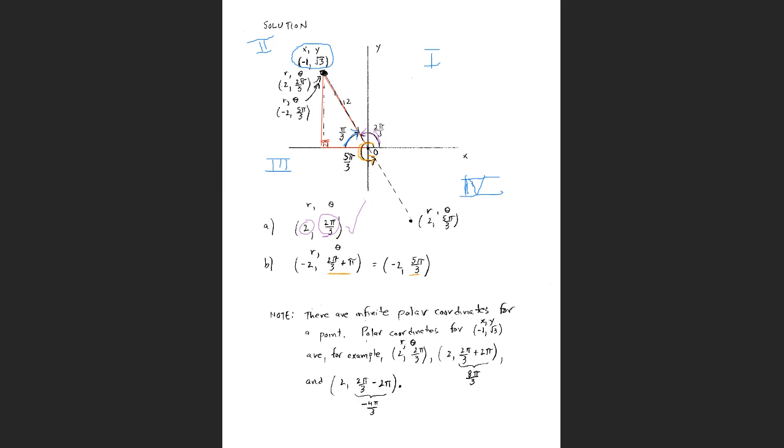Let me use green. You walk backwards a distance of 2. Then that means your polar coordinate is -2, 5 pi over 3.